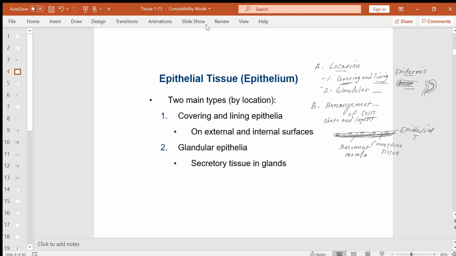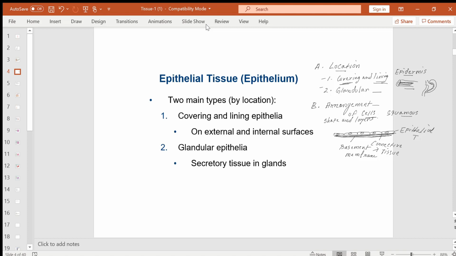Okay, so basement membrane is a connective tissue. Anyway, so here you see these cells are flat epithelial cells, and flat cells are called squamous. Okay, squamous. So this is squamous.